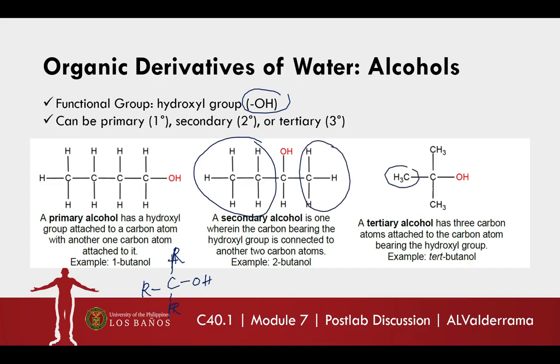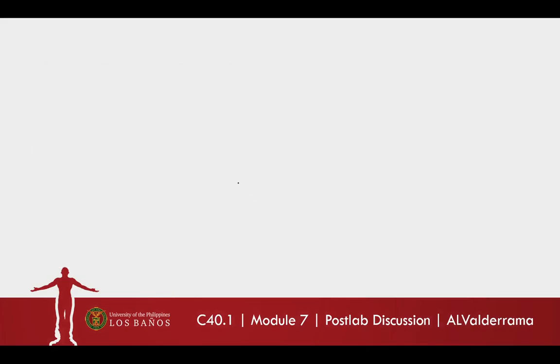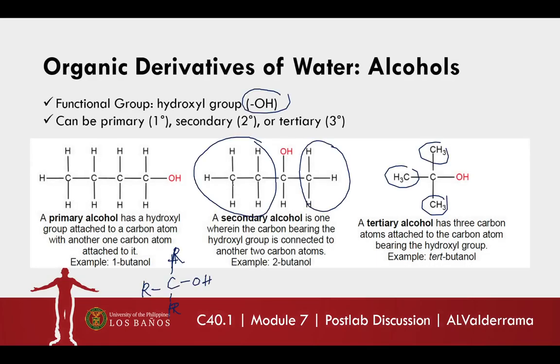Then sa tertiary, ito, tatlong R na yung naka-attach sa ating carbon, directly attached to your hydroxyl group. So yung pagka-classify natin ng primary, secondary, and tertiary is important because they have different reaction towards several reagents. So we can differentiate primary from secondary because sometimes primary reacts to certain reagent, secondary alcohol does not react. Mga ganong tipo, okay?